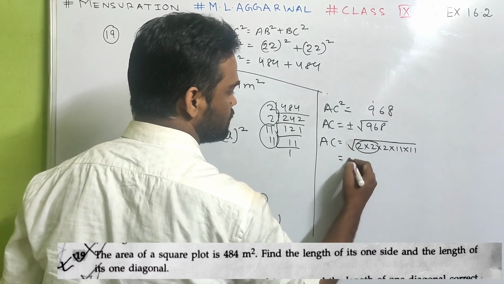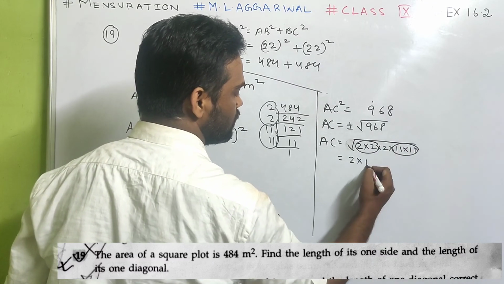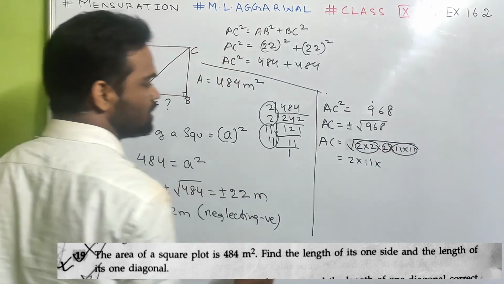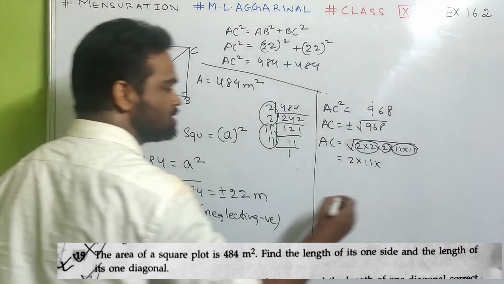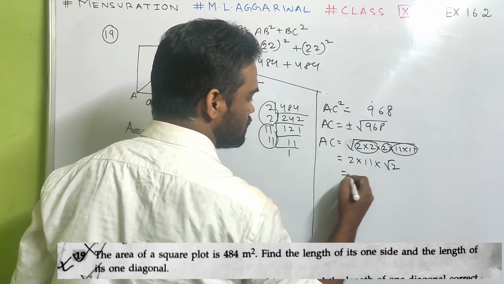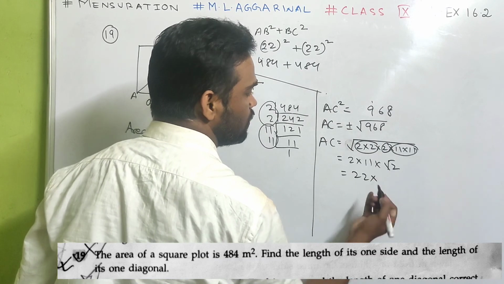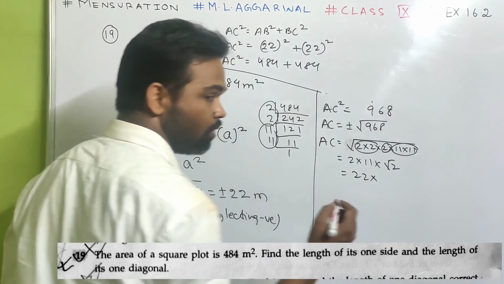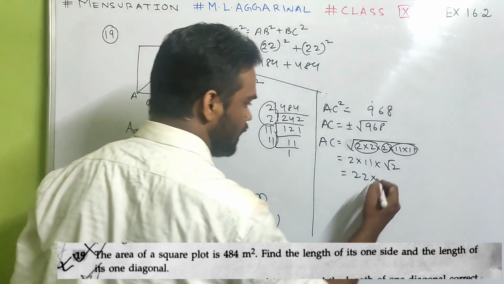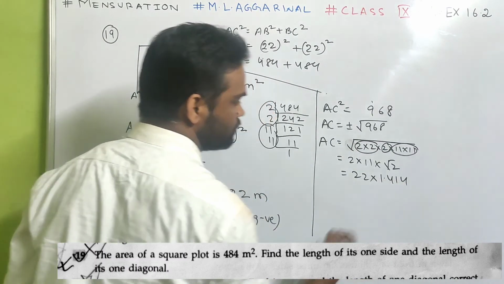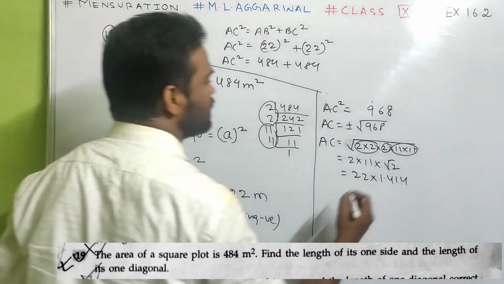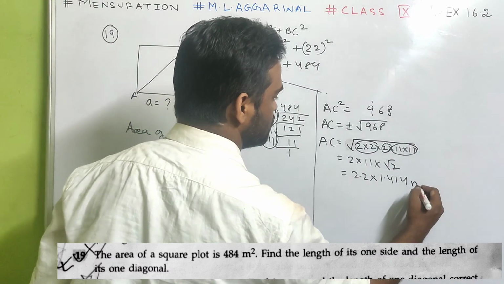So this 2 comes out, this 11 comes out. But since this 2 doesn't have a pair, it remains inside. So 22 multiplied by root 2. What is the value of root 2? 1.414. Multiply it and you'll get the answer in meter.